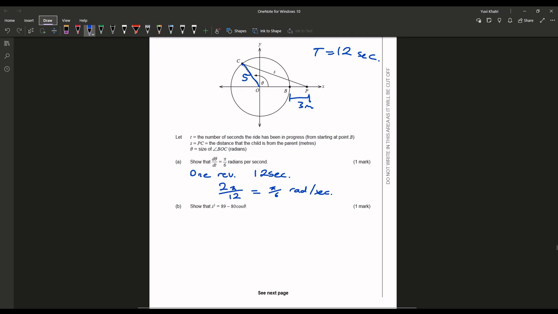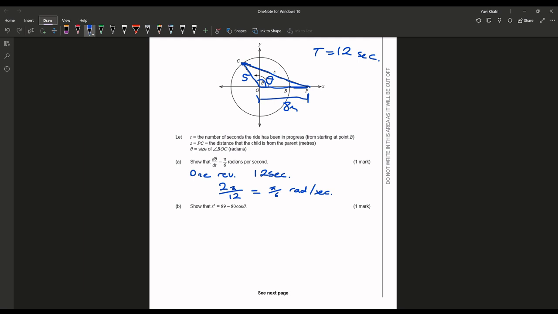B. Show that s squared equals 89 take 80 cos theta. So we're just finding this distance right here, and for that, we're just going to use the cosine rule. So we know that this is 5 meters, and this is also 5 meters, and this length is 3 meters. So this is 3 meters, this is 5 meters, then this entire length is 8 meters, and this is the angle theta. So we have our two sides, and we're just trying to find this side.